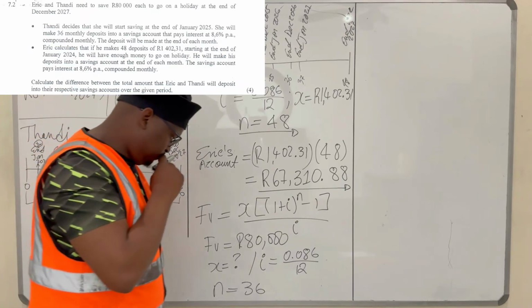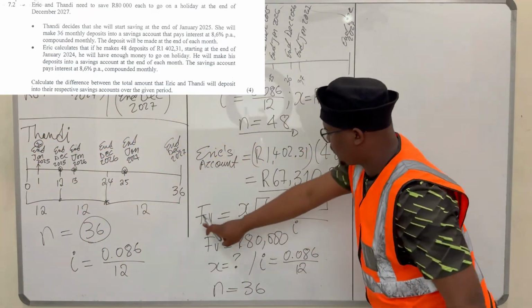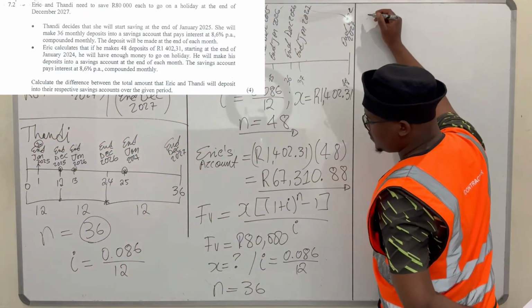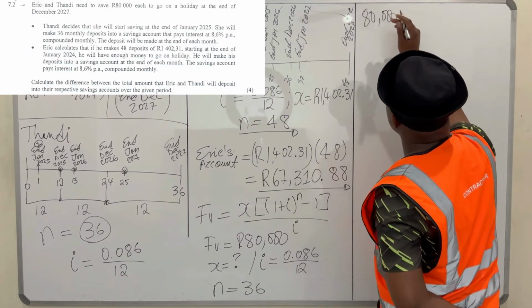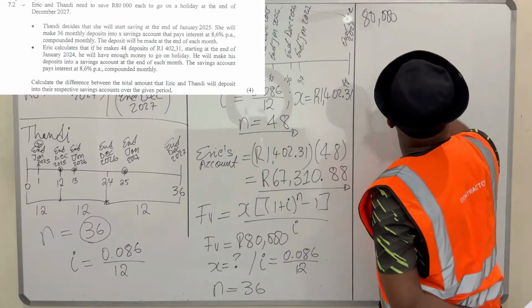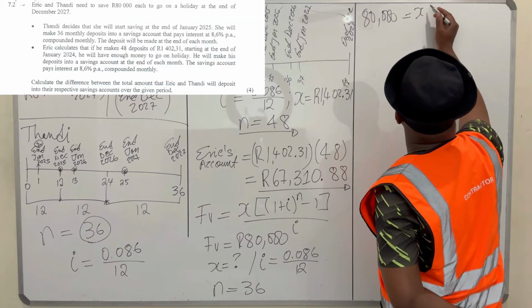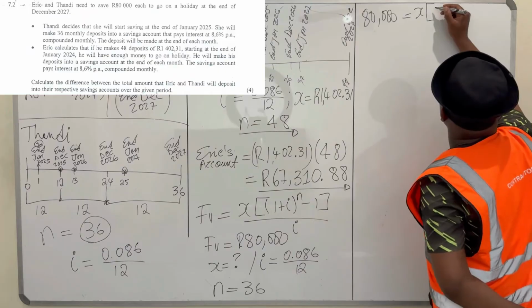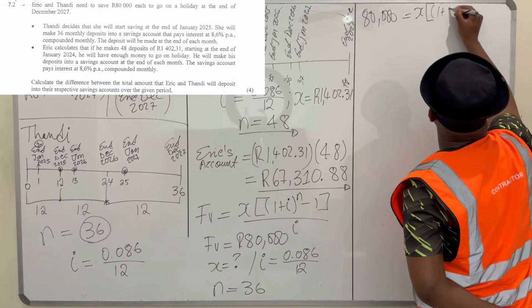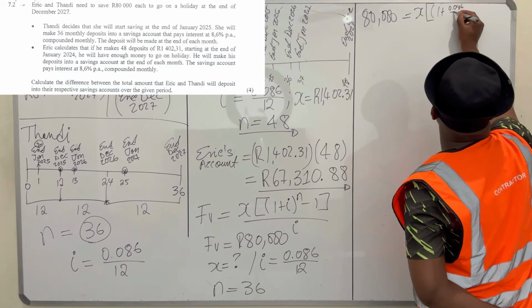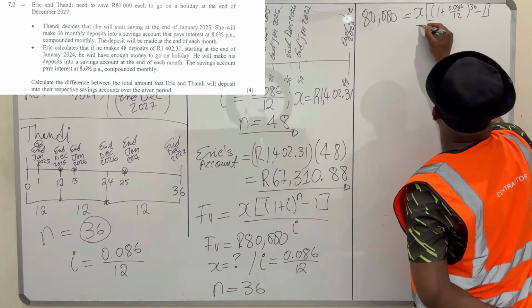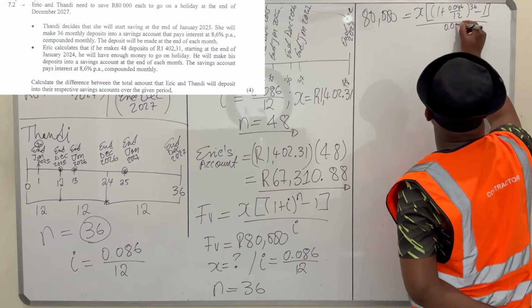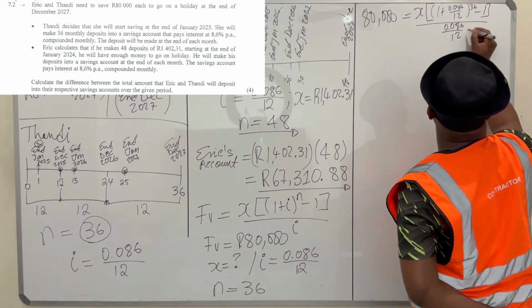So let's do that. Future value, how much? It's 80,000. She wants to have 80,000. The future value of this investment should be 80,000. It's equal to the monthly deposit into the account, times 1 plus 0.086 over 12, raised to 36, minus 1, all divided by 0.086 divided by 12.